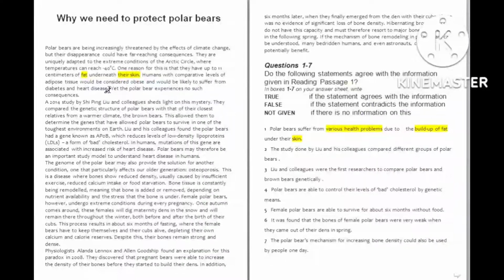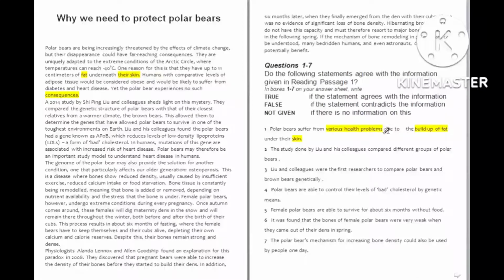This line means if humans have fat under their skin, they would be considered obese and suffer from various health ailments. Yet the polar bear experiences no such consequences. This line means if polar bears have fat, they would not suffer from health related problems, because the previous line tells us about humans. But polar bears experience no such consequences.